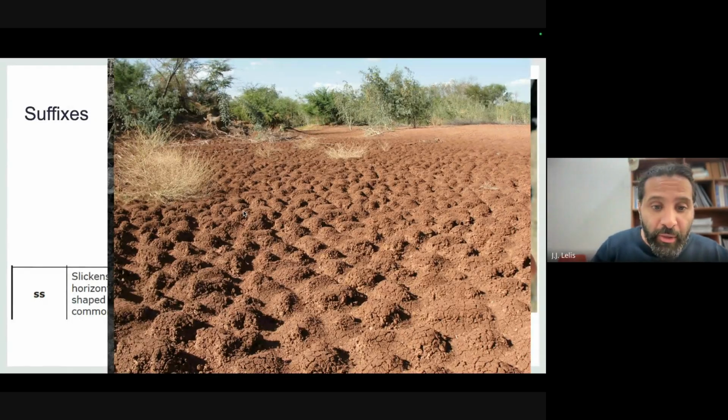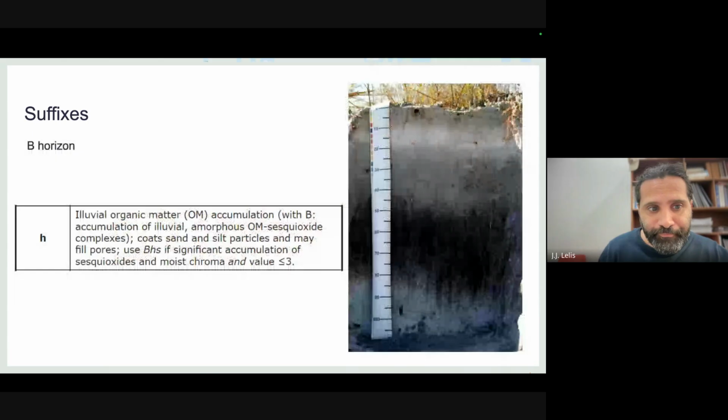Okay, so you can see then in some cases they are not omnipresent, they are not universal in areas with slickensides, but yes, you can see them in some areas.